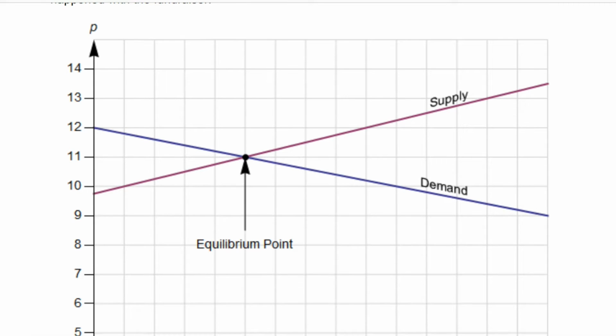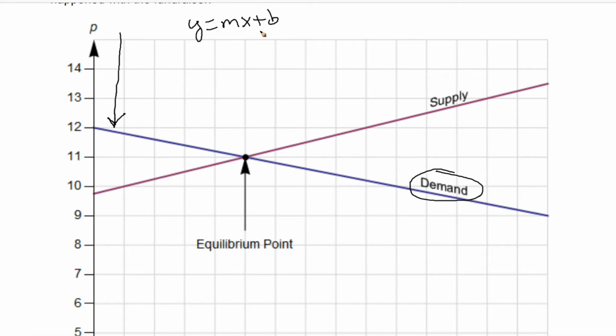In other words, where does Y start? We're dealing with a linear equation, and we have y equals mx plus b, and we want to know what the equation is for that one right there. That's our demand.